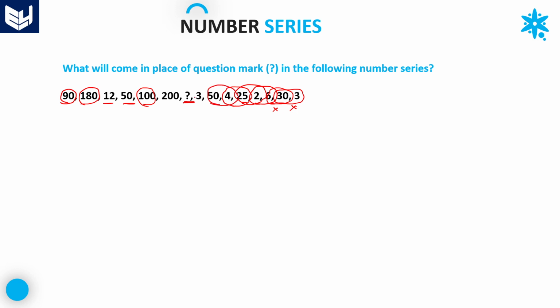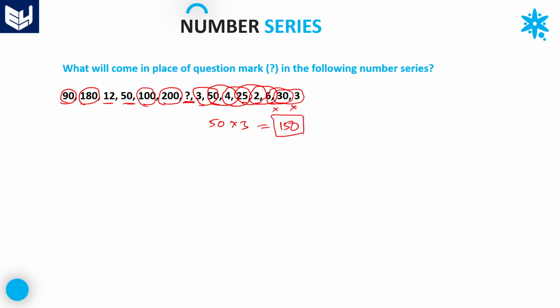Next, 4 into 50 is given as 200. Now in place of this question mark, 50 into 3 should be there, which is equal to 150.